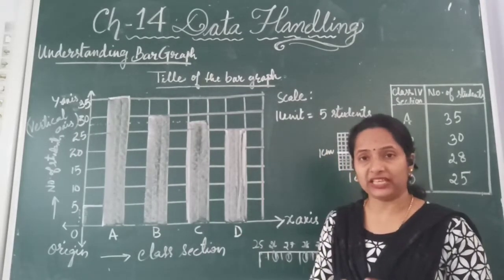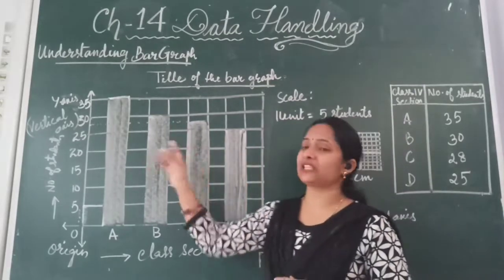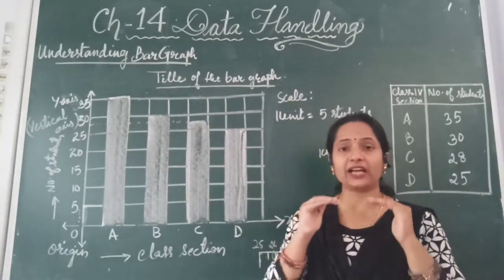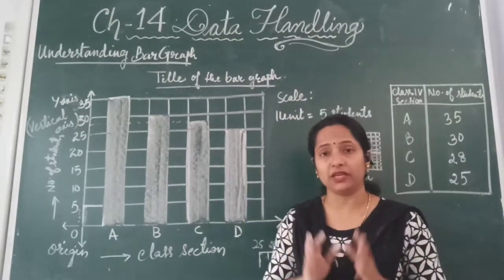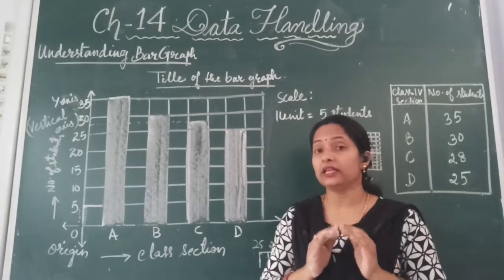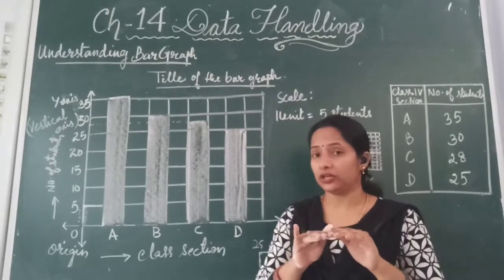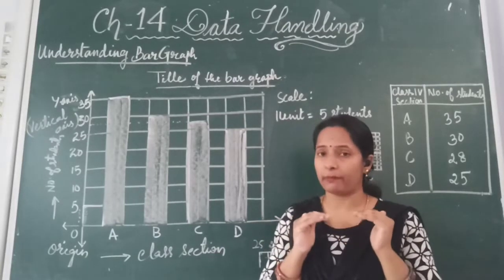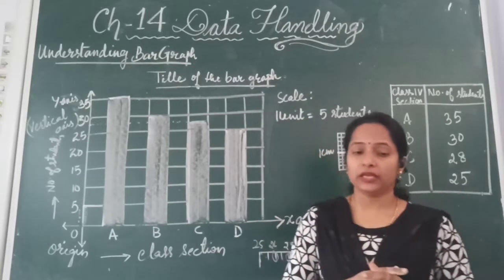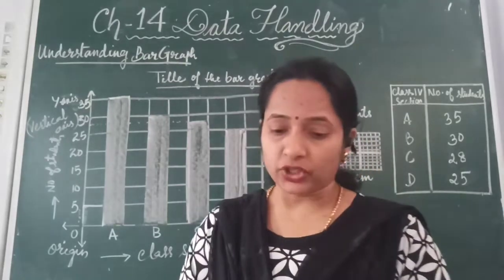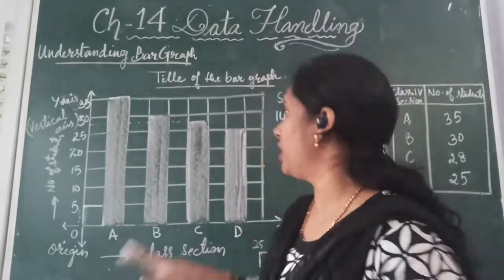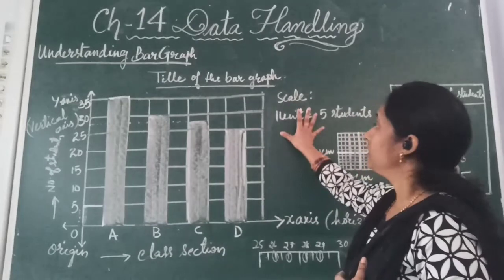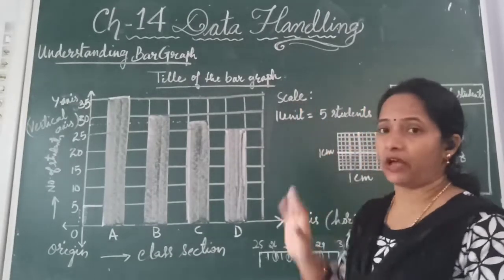If in case you get equal size bars, where the heights of the bars are the same, then what does it mean? It means that the number of students in the sections whose bars have the same height will be equal. Other than this, you understood how to choose the scale of the graph.